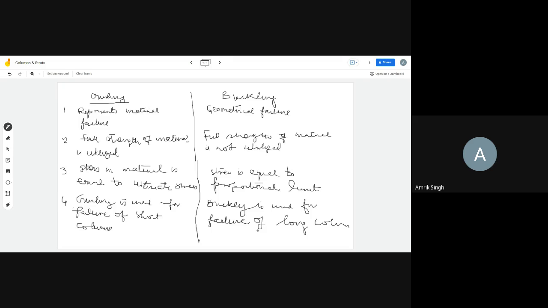So this is the difference between crushing and buckling. So the short columns are strongest because the material of the column is under the direct compression and only one type of compressive stress is acting. While material used for building structure are capable of sustaining the compressive stress. So that's why we call it the crushing. It should be, it is the best failure.